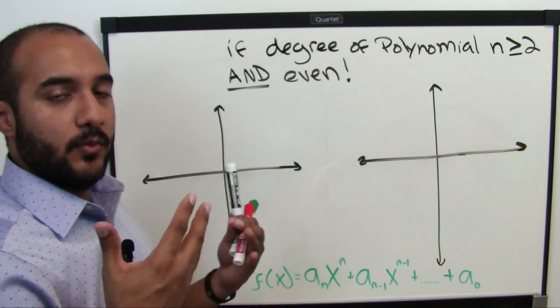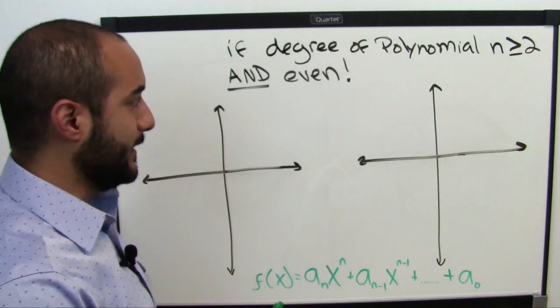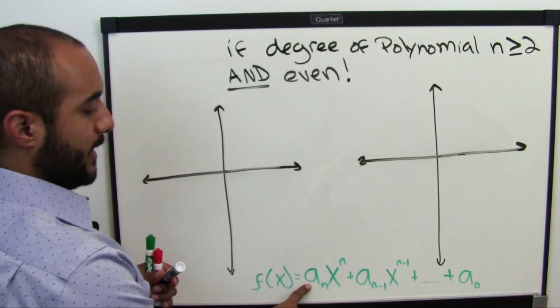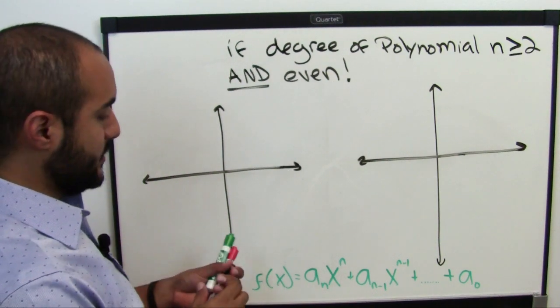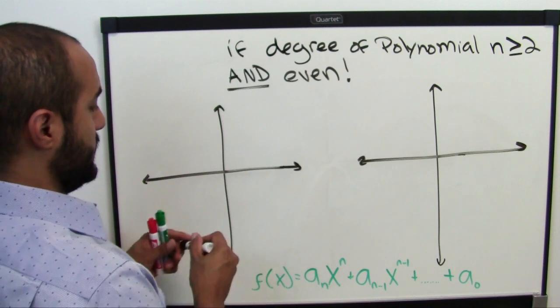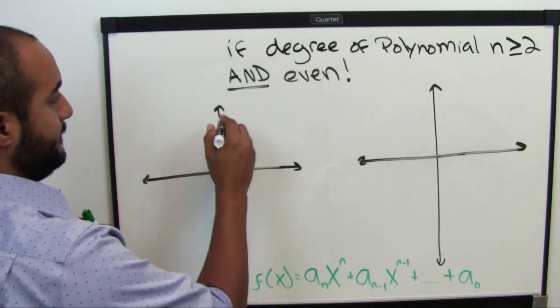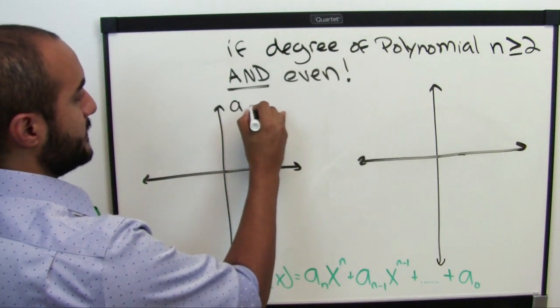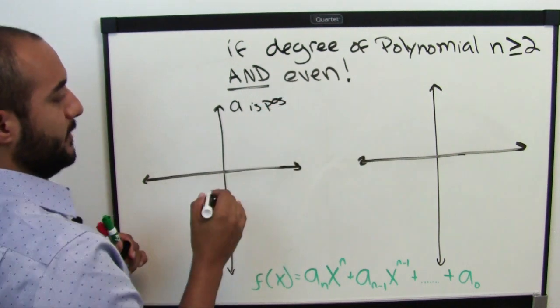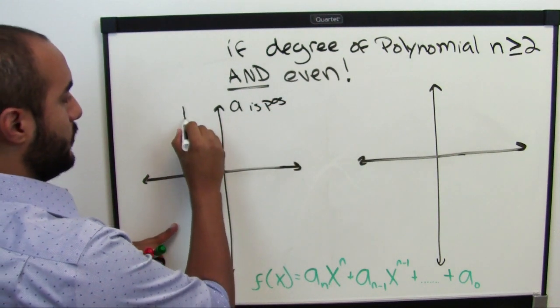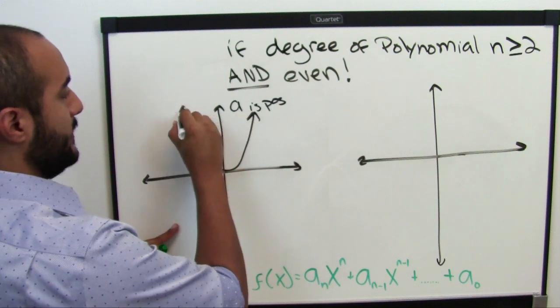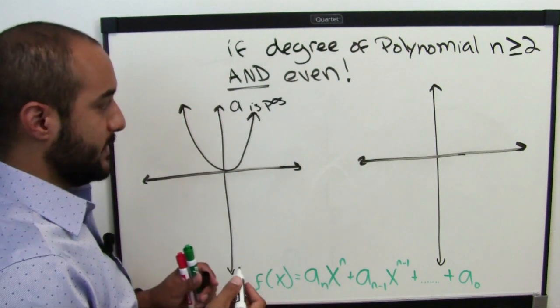This matches the end behavior of our quadratic. So if our coefficient a is positive, I know that a quadratic looks like this. My parent function for the quadratic looks just like this.